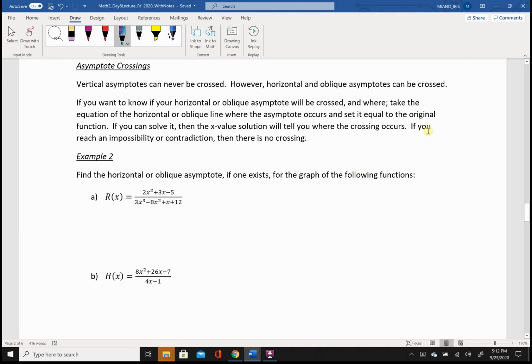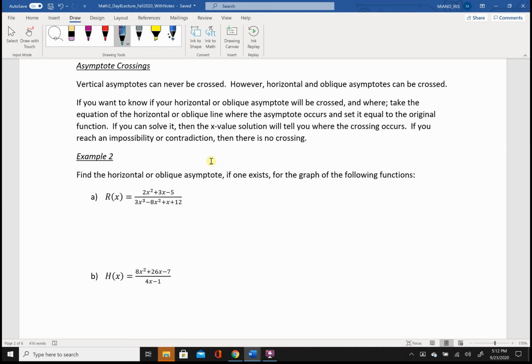And then you can plug that into your function, and that'll give you the ordered pair, right? But if you reach a contradiction, like if you set your oblique asymptote line or horizontal line equal to your function, and you get everything simplified down to something that's absurd, like 5 equals -2, well, then that tells you that there actually is no crossing.